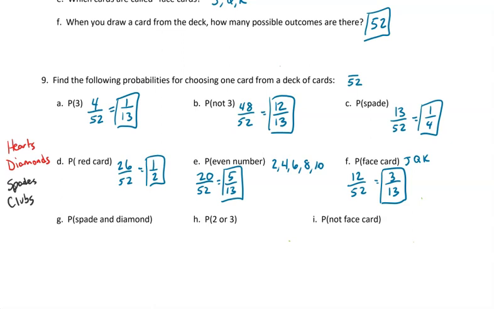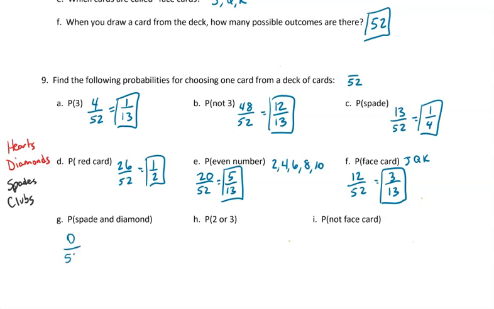Here's where it gets a little bit tricky. The probability of it being a spade and a diamond. Keep in mind, we're only drawing 1 card, right? So 1 card is either going to be a spade or a diamond. It can't be both.